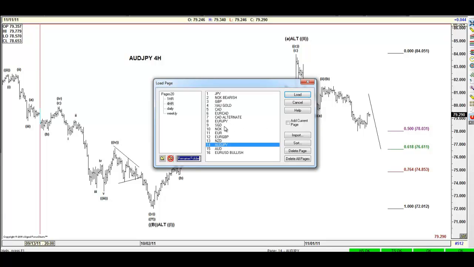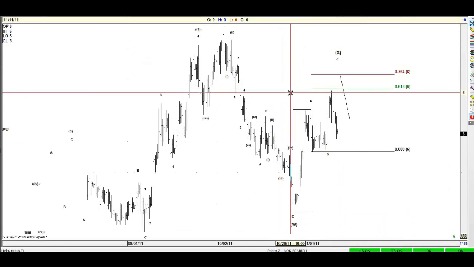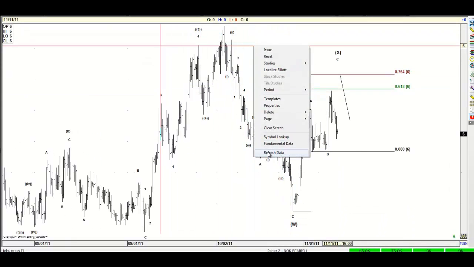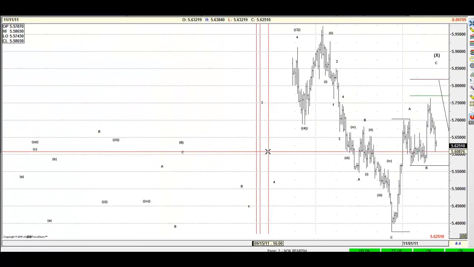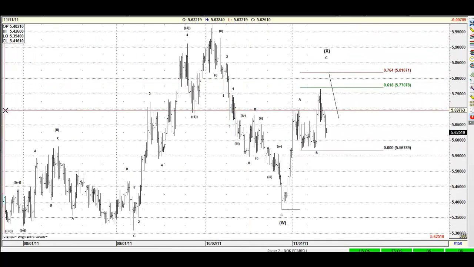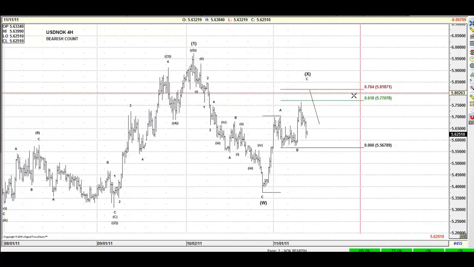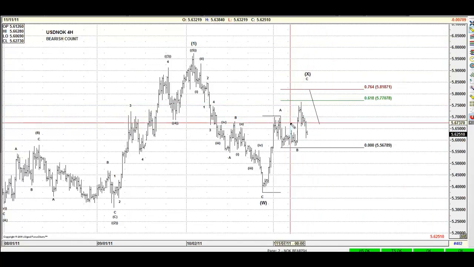And on, you guys can see scenarios when it looks like the dollar is going to get weak. One of those scenarios that I want to show you guys is the Norwegian krone. Look. We've been mentioning, and we went over it last week, how the Norwegian krone looks like it did a triangle B wave.